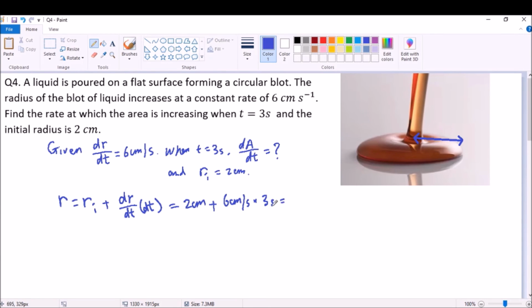So we have 3 times 6, 18, plus 2, 20 cm. Meaning that with an initial radius of 2 cm and dr dt equal to 6 cm per second, after 3 seconds the radius becomes 20 cm.